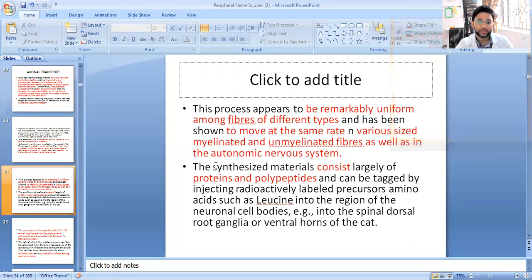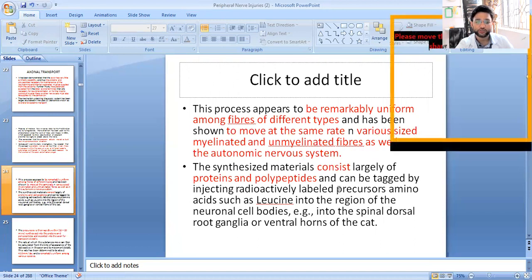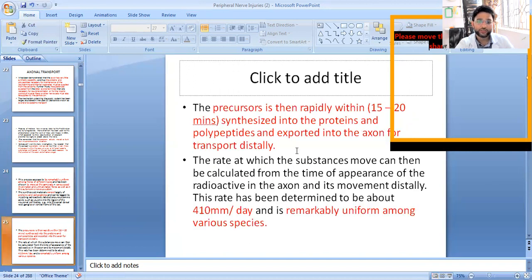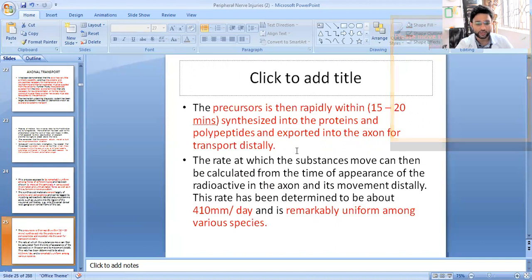The synthesized materials consist largely of proteins and polypeptides and can be tagged by injecting radioactively labeled precursor amino acids such as leucine into the region of the neuronal cell bodies, for example, into the spinal dorsal root ganglion or ventral horns of the cat. The precursor is then rapidly, within 15 to 20 minutes, synthesized into proteins and polypeptides and exported into the axons to be transported distally.